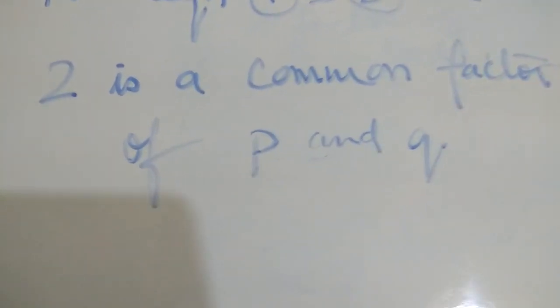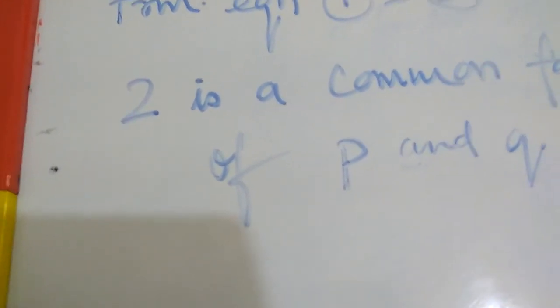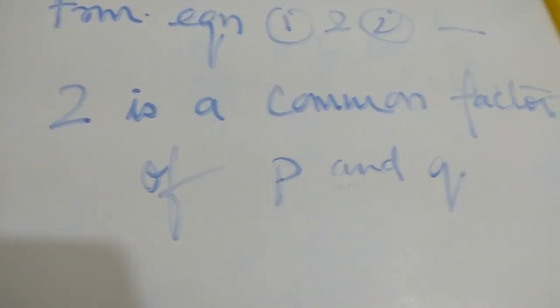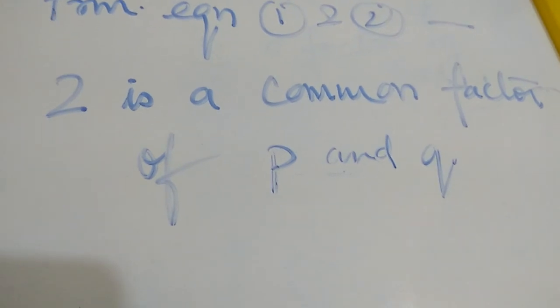But we have assumed in the beginning that p and q are co-prime integers. They have no common factors. Thus, our assumption is contradicted because we have found one common factor, 2.